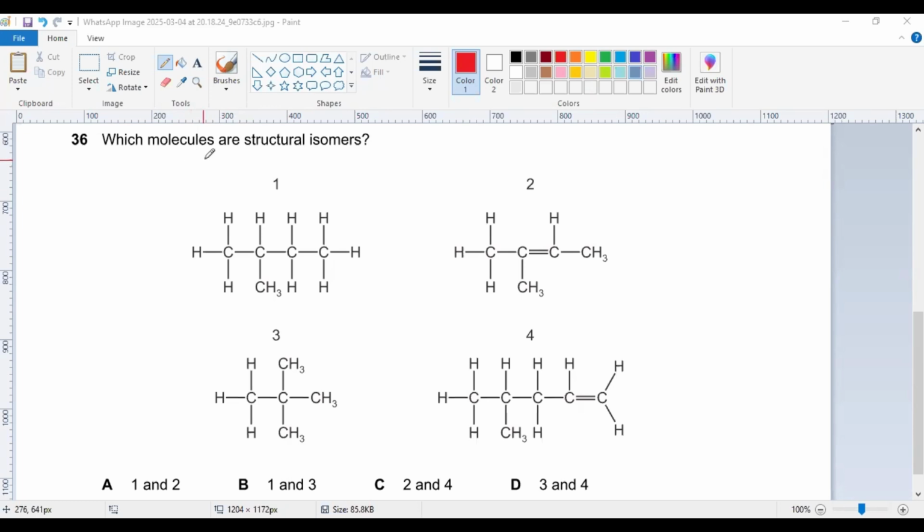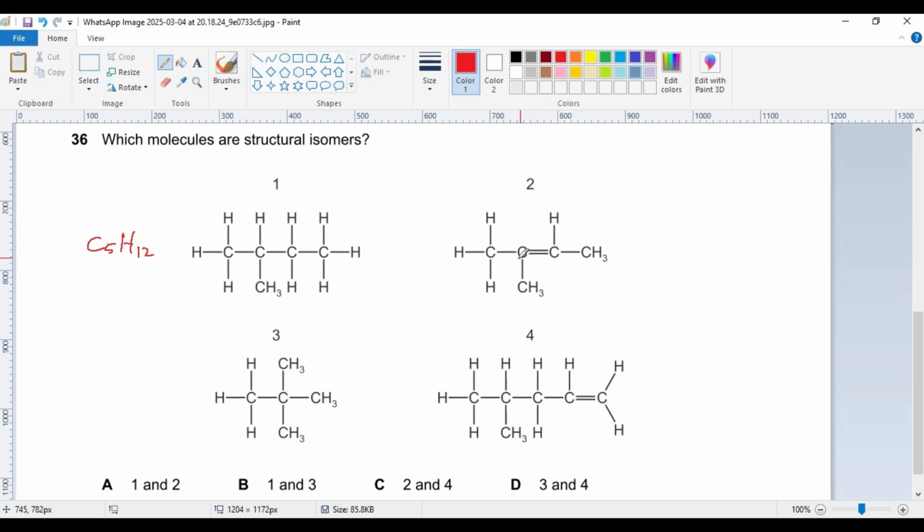Okay, this is question number 36. Which molecules are structural isomers? So if we consider 1, 2, 3, 4, 5, there are 5 carbon atoms. And how many hydrogen? 1, 2, 3, 4, 5, 6, 7, 8, 9, 10, 11, 12. So, okay, C5H12.